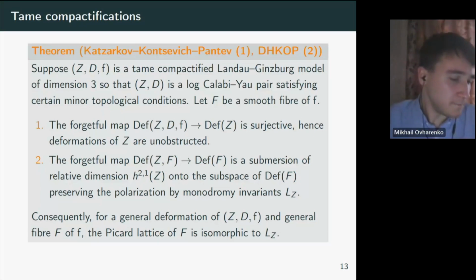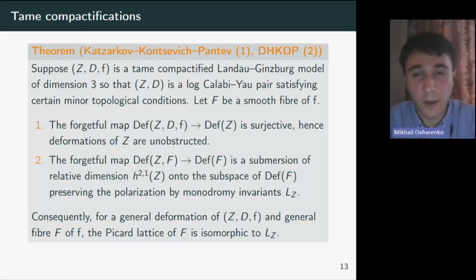But there is some subtlety here. We should deform the Landau-Ginzburg model itself. It is not true that if we would take a standard Landau-Ginzburg model, we would take its general fiber, and then its Picard lattice should be isomorphic to the lattice of monodromy invariants.